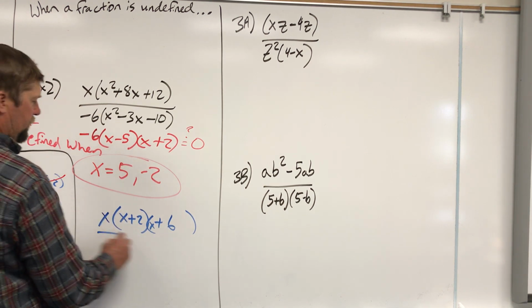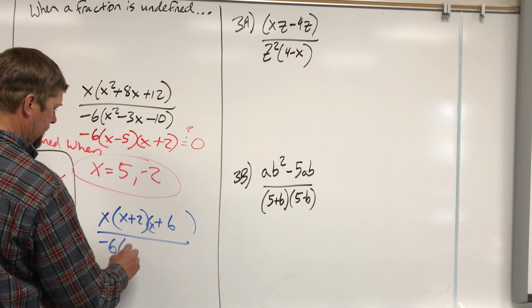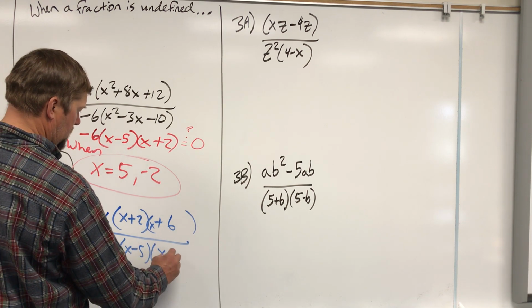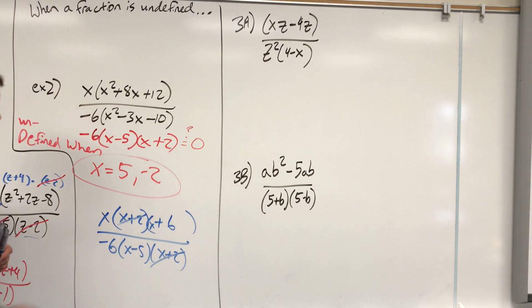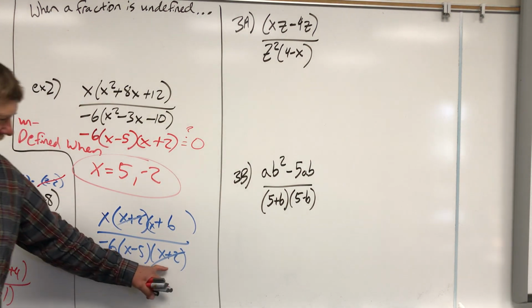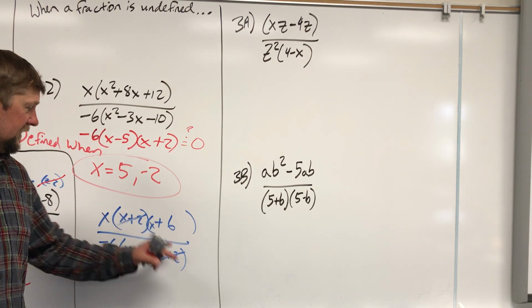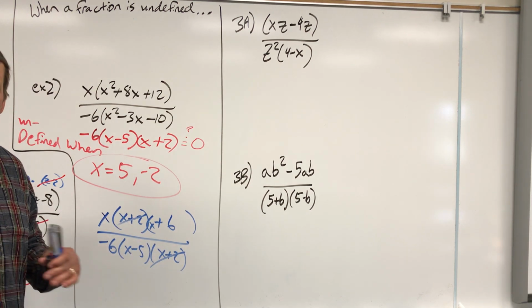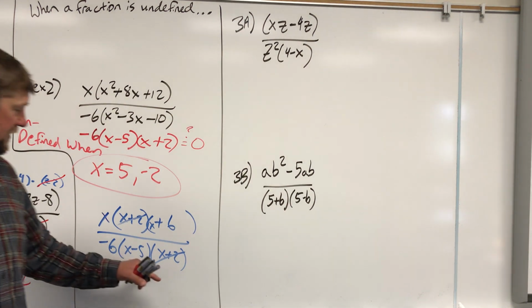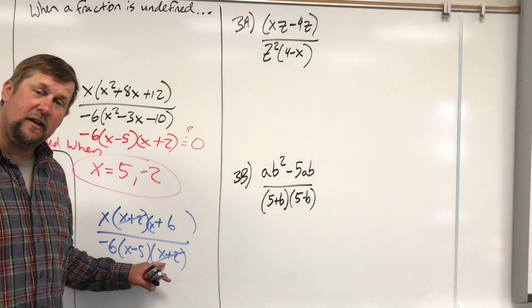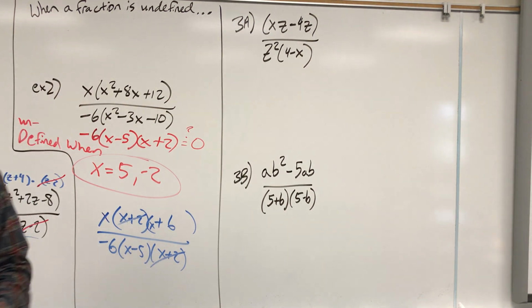Even though the x plus 2's cancel, that x plus 2 is still down there. It's just, it turns to 1, but it's still there. And so you still have to take into account that factor when you're finding your undefined values of x.